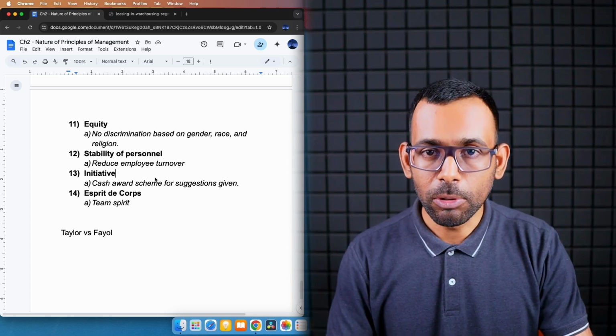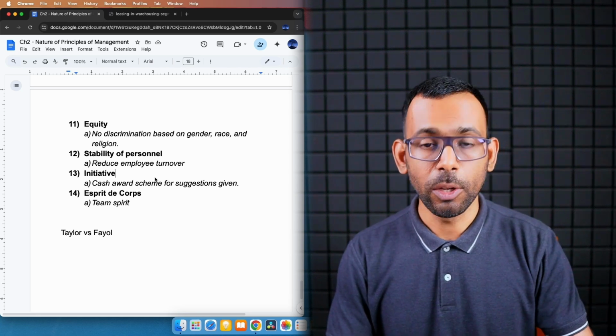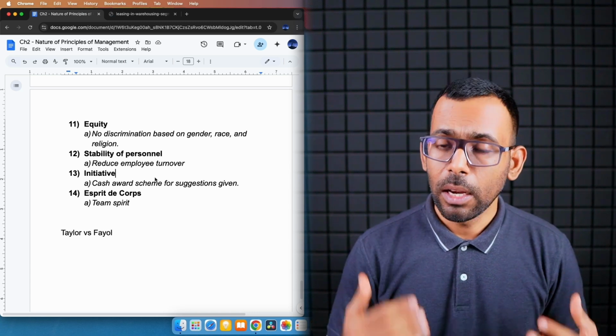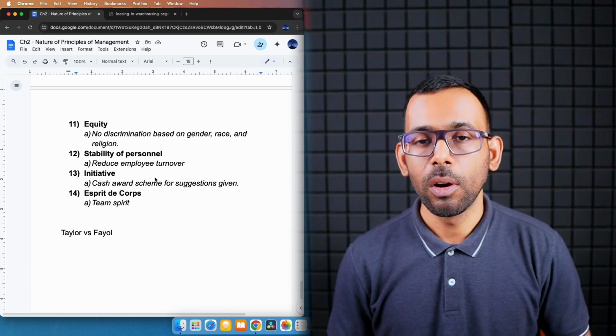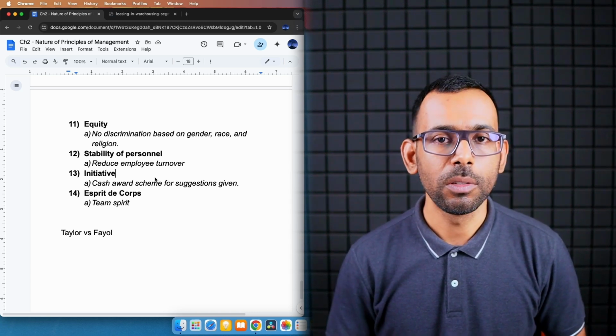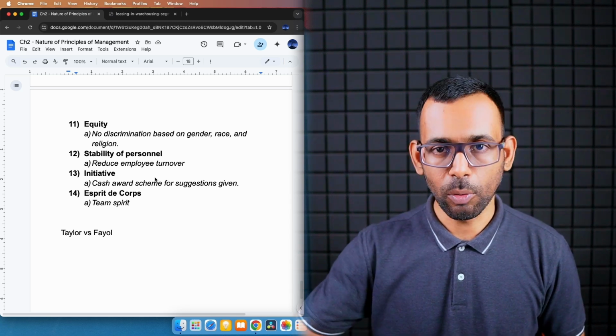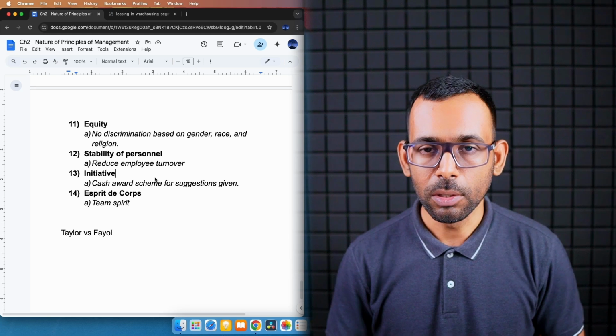What is the better way to do it? You give him some award, you give him some remuneration beyond his salary. There are companies that give cash awards for suggestions given by the employees. What is a cash award? So employees will be working in the factory, on the floor. They will be operating a machine.